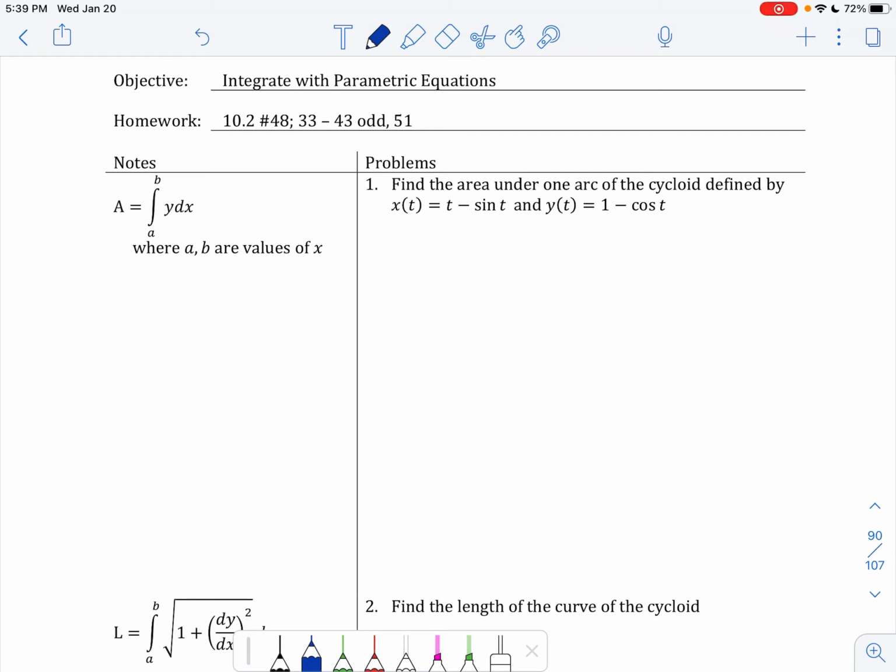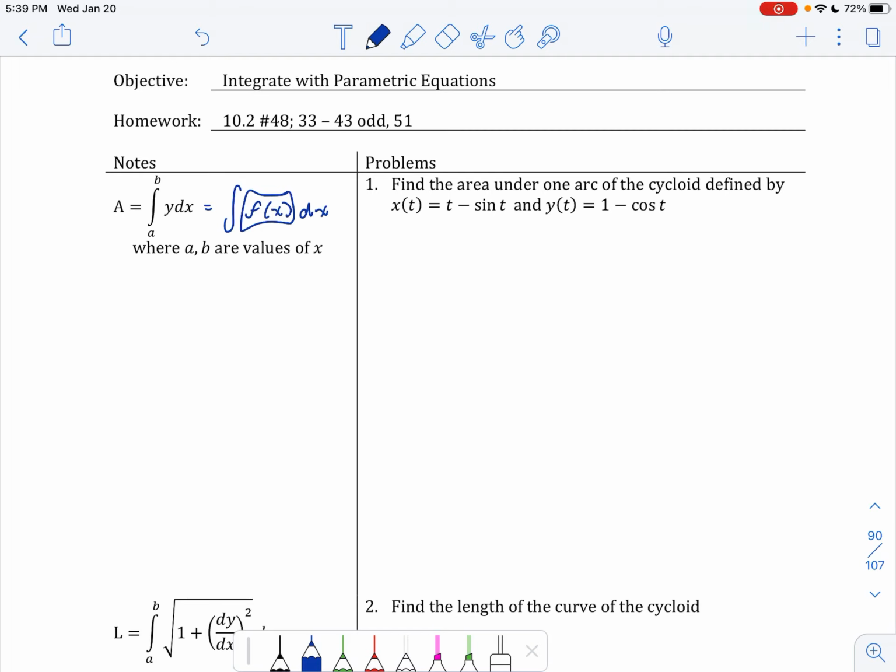So in the case of A, for the area underneath a curve, what we're used to is having the integral from a to b of y dx. Usually we don't write y, usually we'd write this as f of x, but as we've discussed, f of x and y are interchangeable.